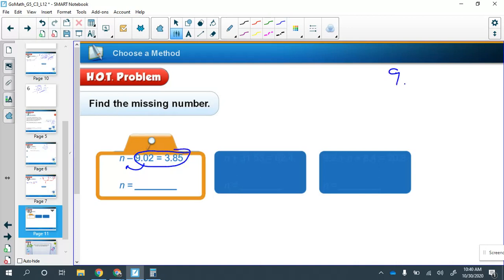So I get 9 and 2 hundredths plus 3 and 85 hundredths, and 2 plus 5 is 7, 8 plus nothing is 8, 9 plus 3 is 12. So in this case, n equals 12 and 87 hundredths.